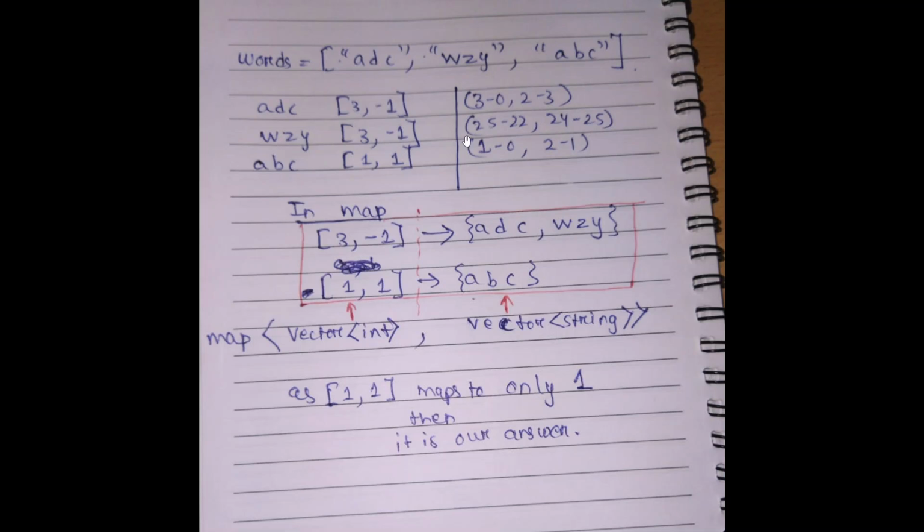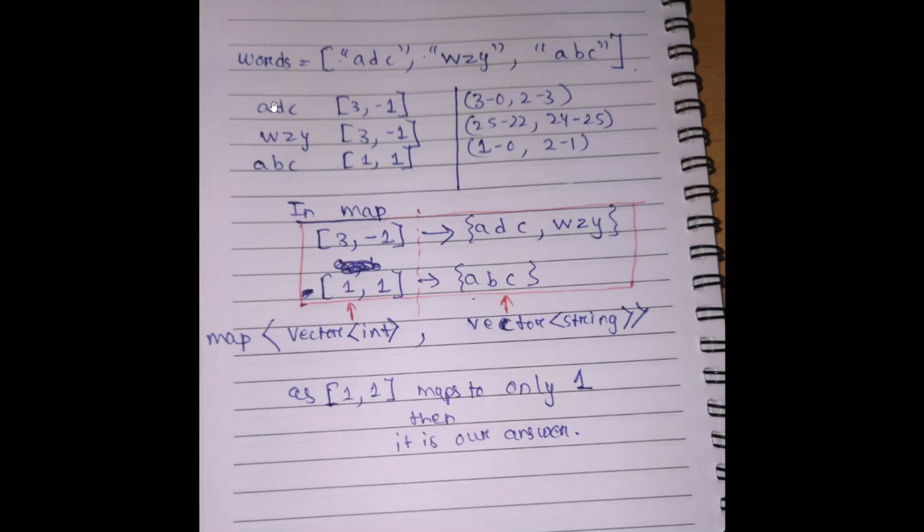And wzy has z minus w, 25 minus 22, that is 3, and y minus z, that is 24 minus 25, that is minus 1. Similarly, both these strings have the difference array 3, minus 1, but abc has the difference array 1, 1, as b minus a is 1 minus 0, 1, and c minus b is 2 minus 1, 1.